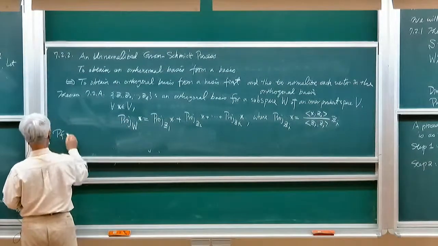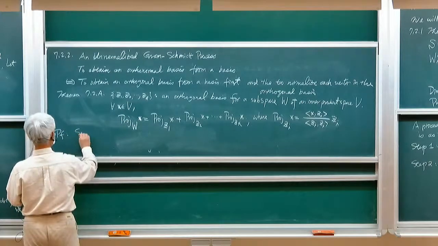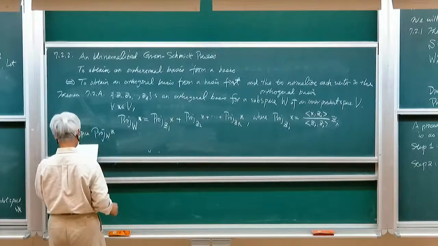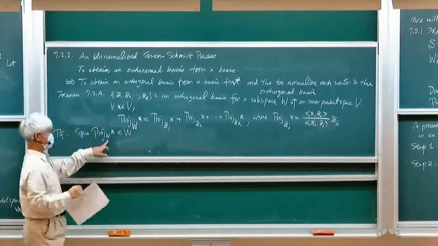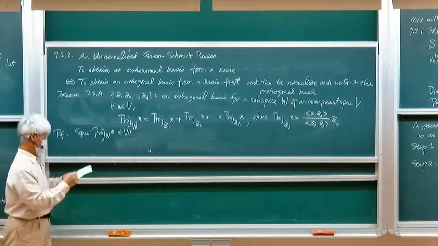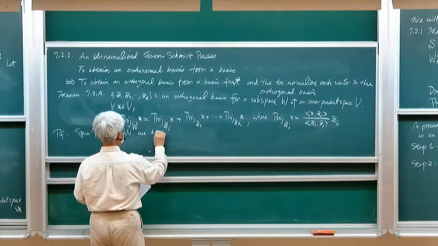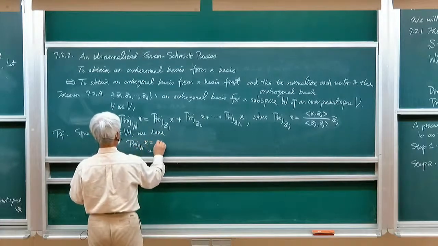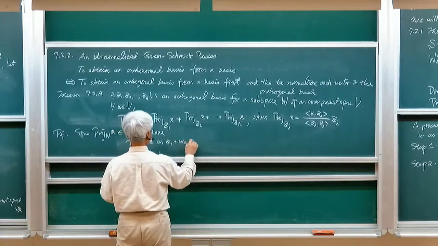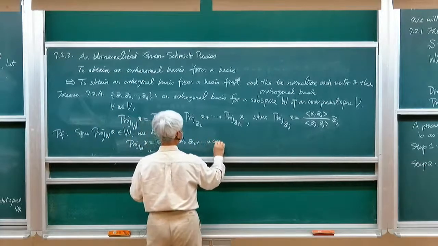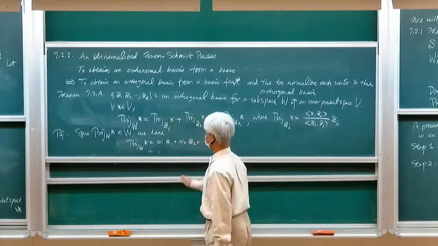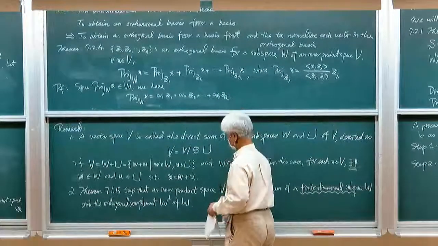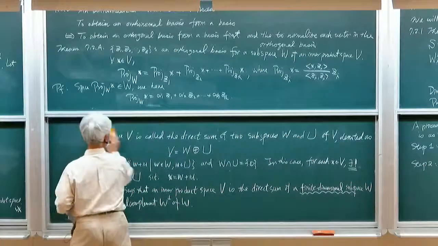All right, and the proof is here. The orthogonal projection of x onto W must be in W by definition, so the projection is alpha_1 Z1 plus alpha_2 Z2 plus ... plus alpha_k Zk. So we must find the coefficients.